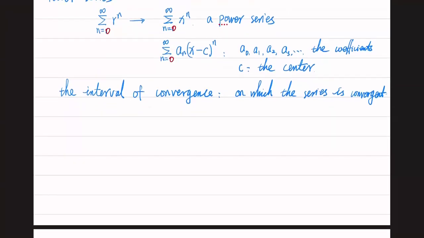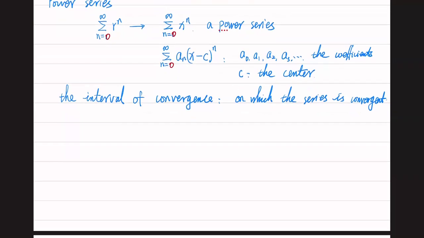Okay, so next, we'll figure out the domain, the set on which the function is defined. We'll start with this one. From sequence to series, this one, if we do some computation, it will be 1 over 1 minus r.